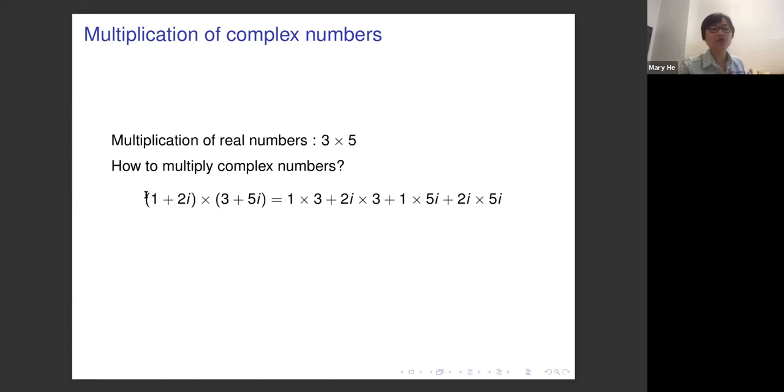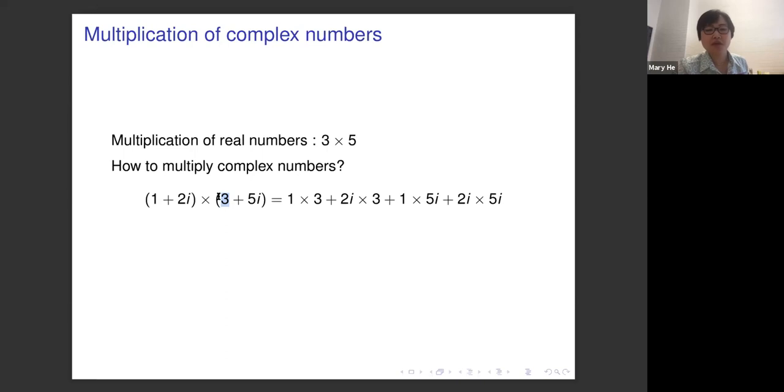So what I do is I still think of 1 plus 2i and 3 plus 5i as four numbers. So I have 1, 2i, and 3 and 5i, right? And as we all learned already, if you have just numbers, then there's the distributive law, right? So I can multiply distributively by 3 and 5i. So let's try to do this.